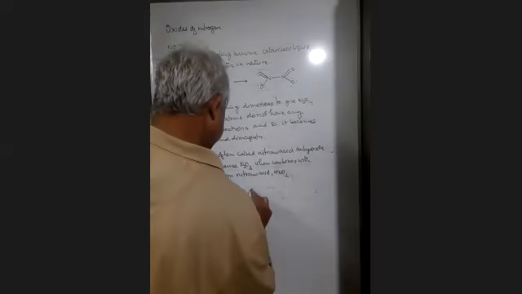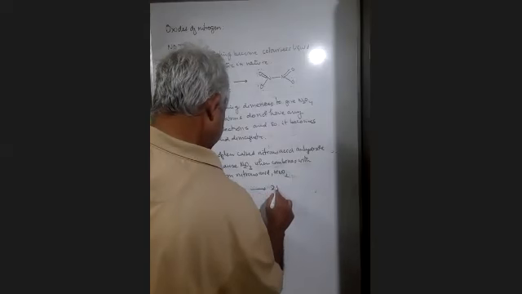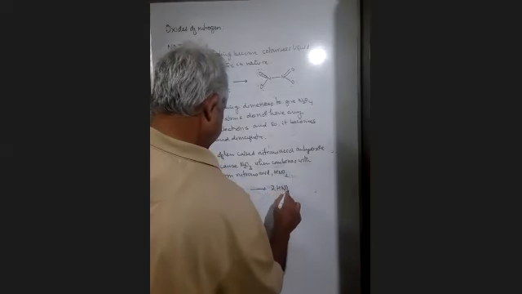See, I'll write the equation. H2O plus N2O3 gives you 2HNO2. If I come in reverse, water is gone. Anything which loses water, we call it anhydride. Because of that, it's called this.